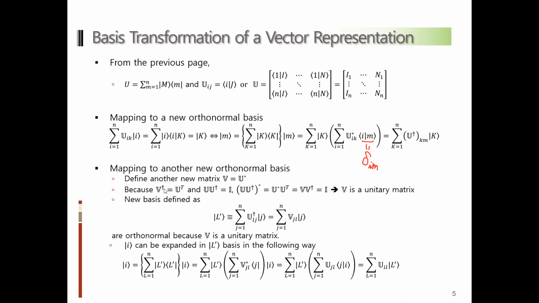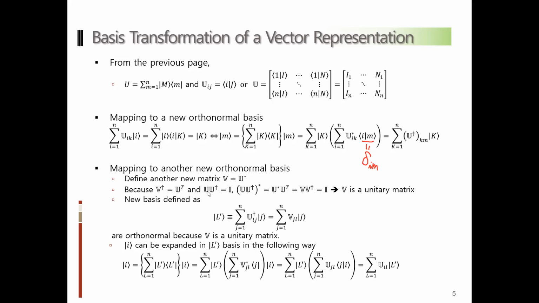So yeah, application of the dagger corresponds to a complex conjugation and then the transpose. But because there was already complex conjugation, double complex conjugation just generates the original value. But the transpose part still survives. So this is the equality between these two.